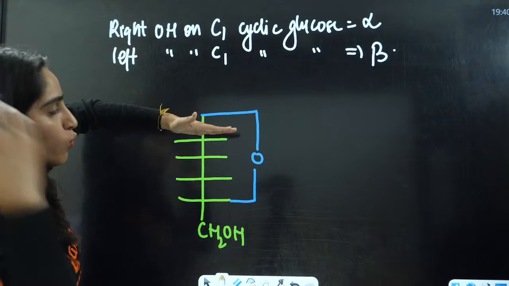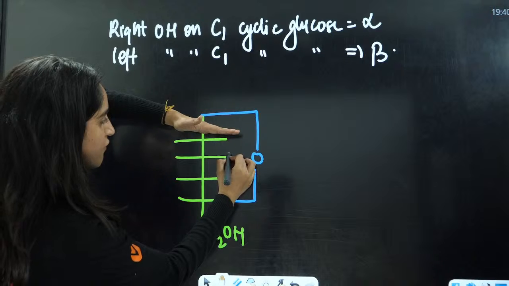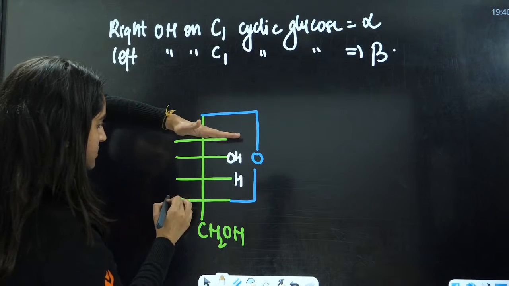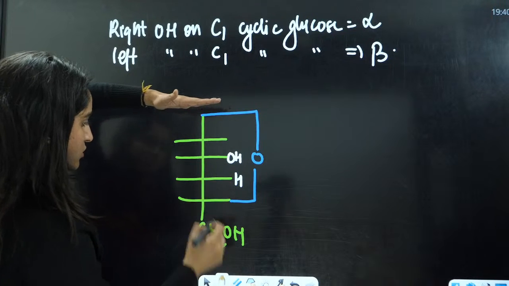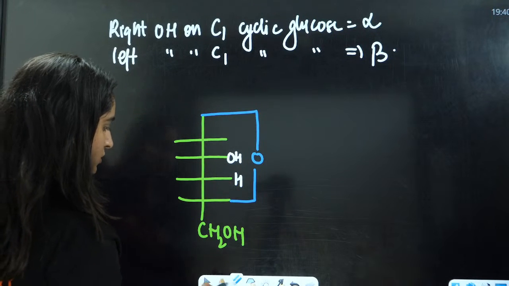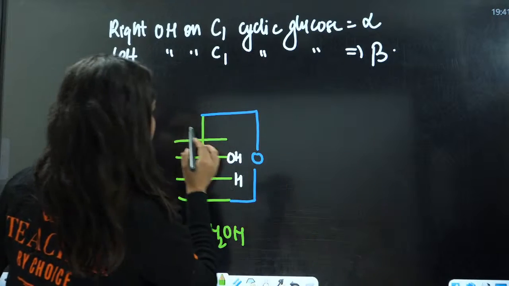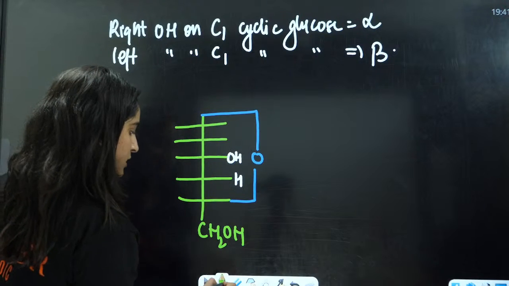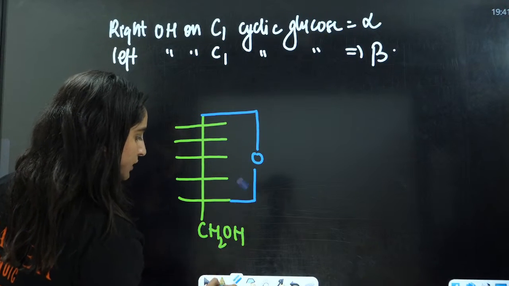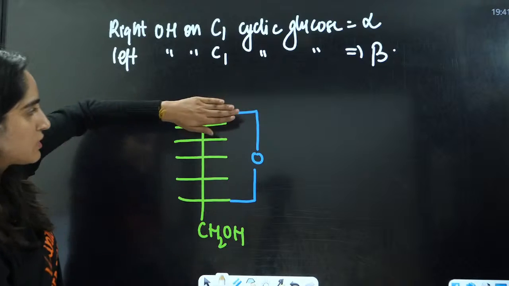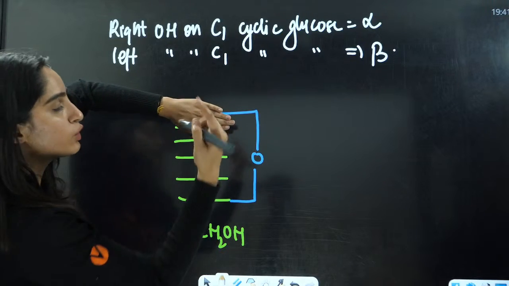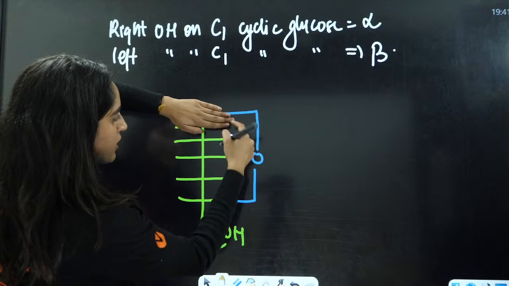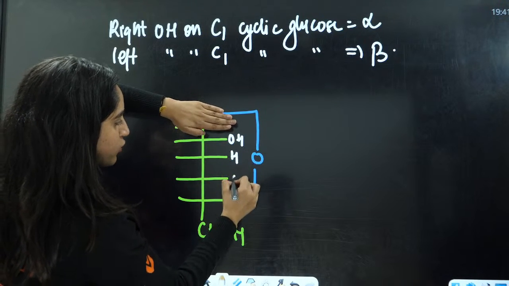In glucose you have this OH, this H. There should be 1, 2, 3, 4, one more here. So we are going to write it like this. This is carbon number 1. In glucose, at carbon number 2 you have OH, then carbon number 3 you have H, then OH.